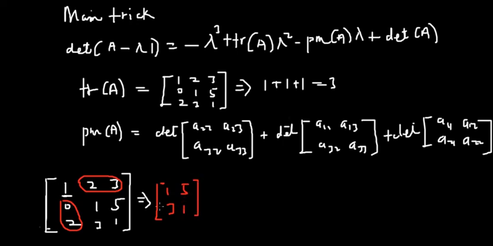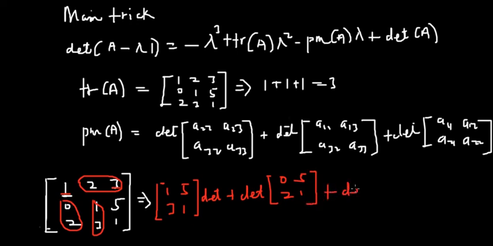Then you proceed toward 2. Anything below and beside 2 doesn't count, and 1 and 3 don't count. So we have 0 5 and 2 1. That's how it works.